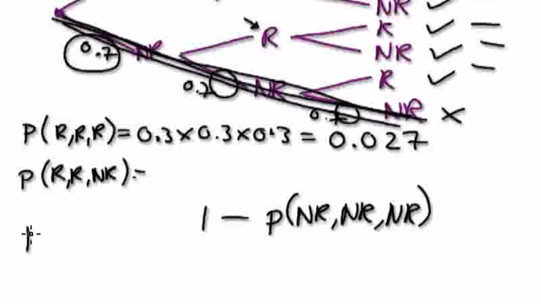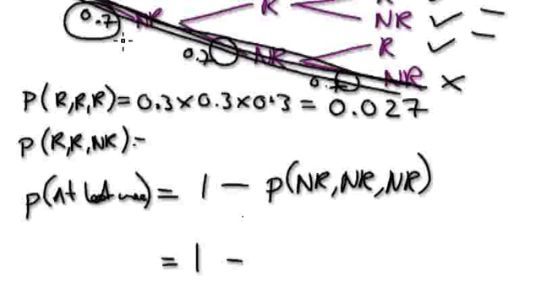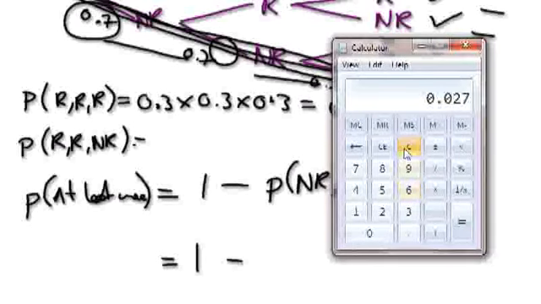Okay, so probability of at least once equals 1 take away the probability of not rain, not rain, not rain. Okay, so 1 take away, well, probability of not rain, not rain, not rain would be 0.7 times 0.7 times 0.7. So hang on, calculator, clear.